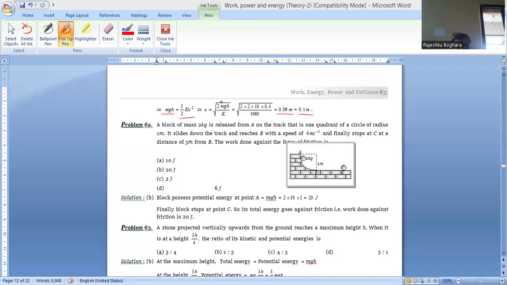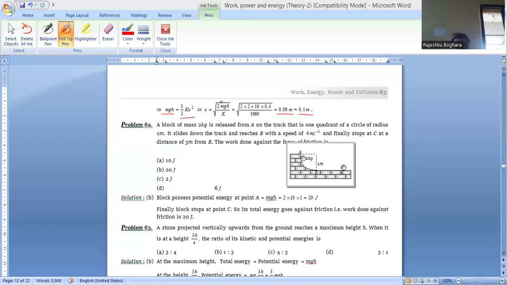Here we write 1 kilowatt hour is equal to 1 kilowatt, 10³ watt, into hour, which is 3600 seconds. So 3600 seconds means 3.6 into 10⁶ joule. 1 kilowatt hour is equal to 3.6 into 10⁶ joule, which is 1 unit. We have to remember this too.